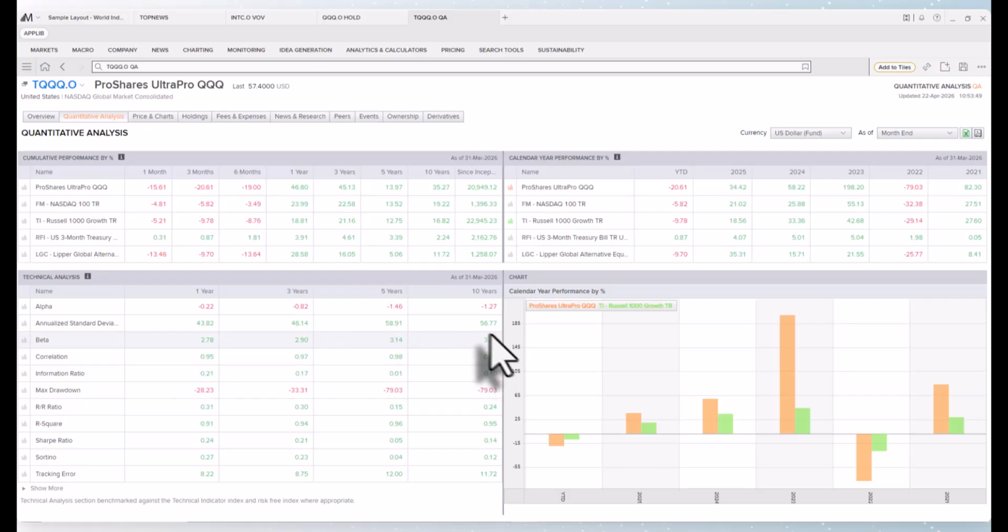It should have on average a 3 times beta at least. So you can see it is in and around that zone. And you can see the annualized standard deviation is quite high, so 43%, 46, 58 to 56%. So it can drop quite a lot in one particular year to the downside. So do remember that it's quite a volatile instrument to trade.